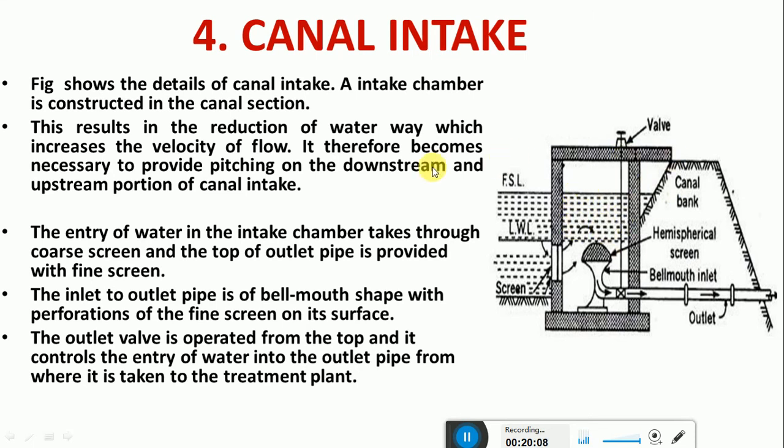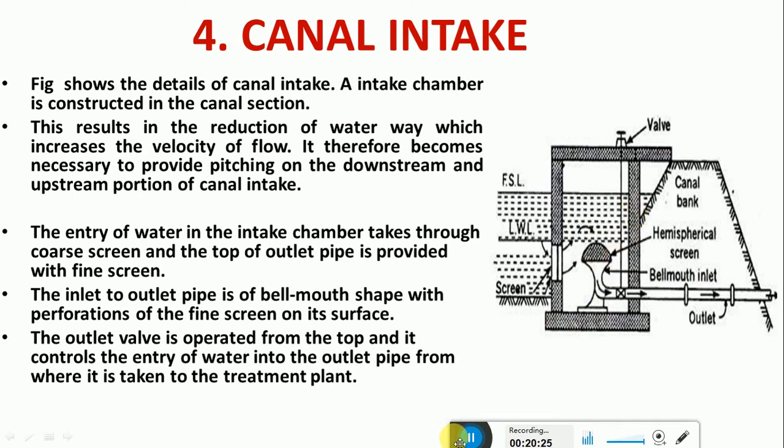Wherever the intake structure is provided, the pitching on the downstream and upstream portions of the canal should be done. This can be located at regular intervals based on the water requirement.